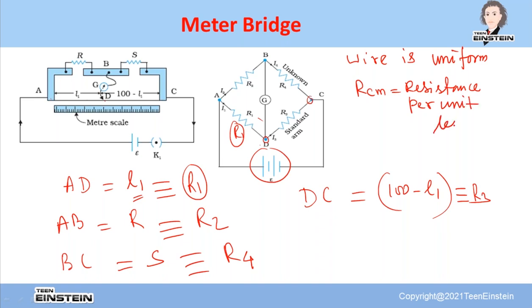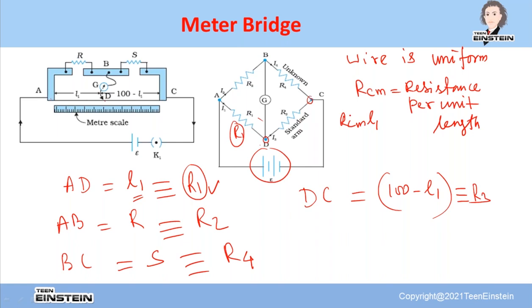Now, I have already compared AD corresponding to your L1. So L1 means how much resistance? L1 means RCM into L1 resistance. So this much resistance is equivalent to your R1. I'll be using the ratio.